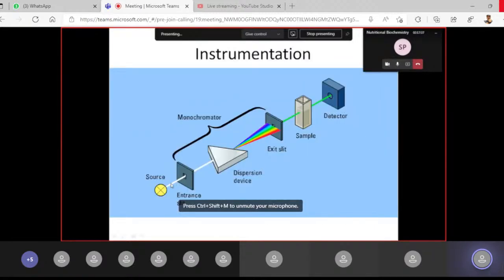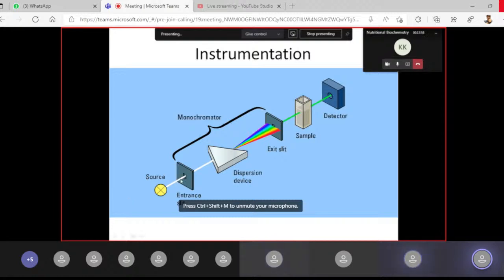Okay, then light source. But now your aim is to select a monochromatic light. What do you mean by monochromatic light? Single wavelength. Light of single wavelength. So now you have to select a light of single wavelength.